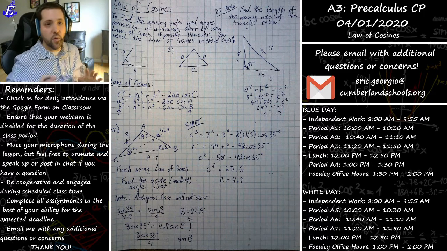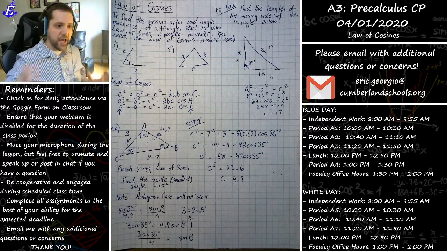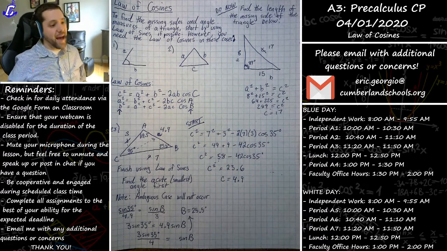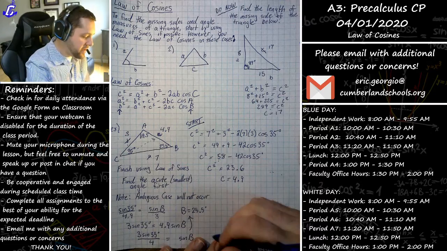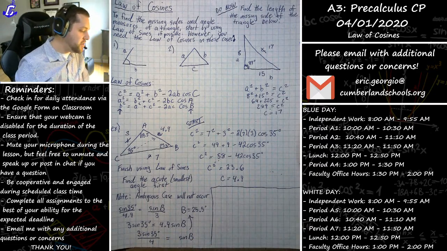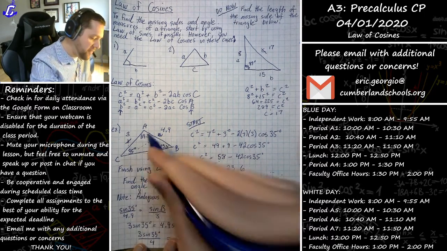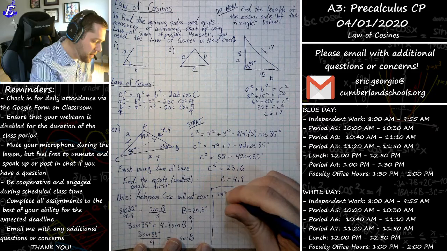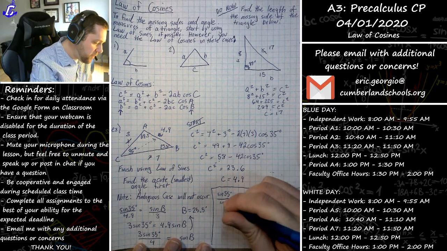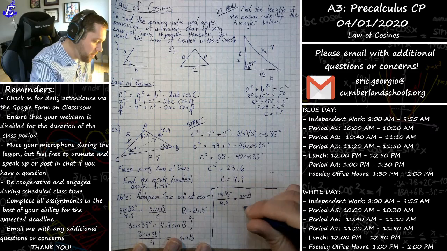Something that you do not want to do is find the large angle first. Here's what's going to happen if you do that. So here's what not to do. If you find the largest angle first, if you tried to find angle A first, you would say the sine of 35 degrees over 4.9 should equal the sine of A over 7.